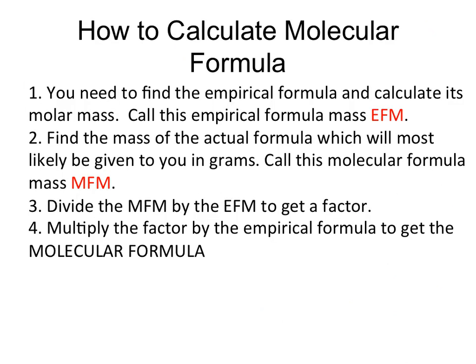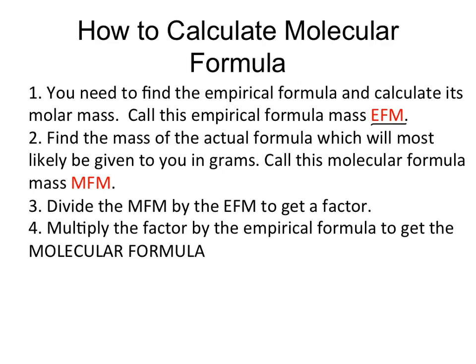So how do we calculate this molecular formula? It's also very simple, but there are some steps that you need to follow. The first will be to find the empirical formula. Sometimes it's given to you, sometimes you have to calculate it on its own. But once you have the empirical formula, you just need to get its molar mass. That's going to be abbreviated as EFM. You're going to find the mass of the actual formula, which will probably be given to you in the problem in grams.